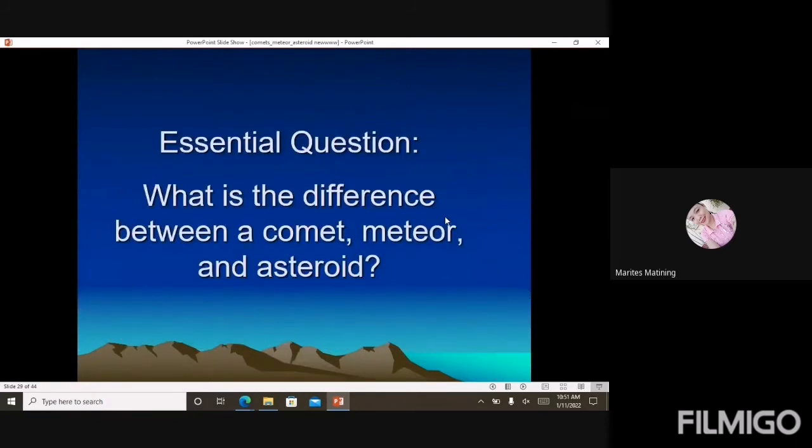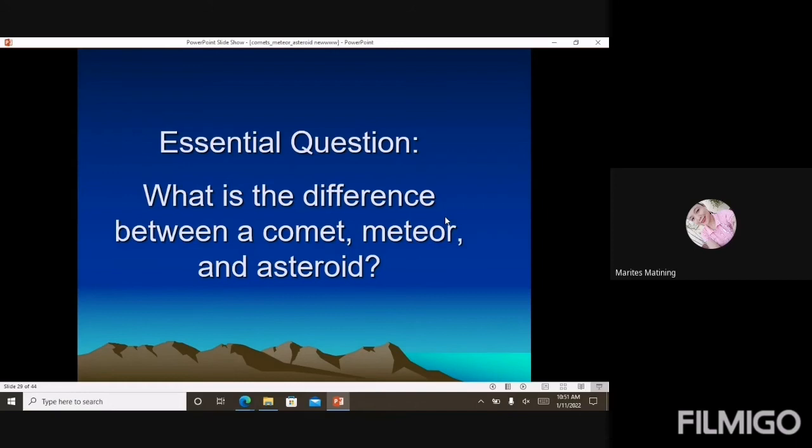Okay. So, again, ito yung ating essential question kanina. So, after discussing the difference between comets, meteors, and asteroids, who wants to give their differences? Ano na ulit yung kanilang pagkakaiba?